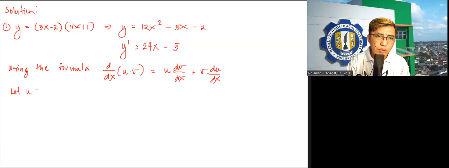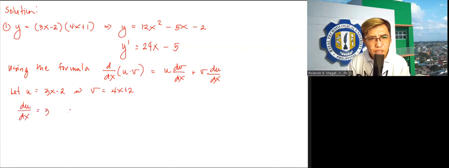Let u be equal to 3x minus 2 and v be equal to 4x plus 2. Okay? So the derivative of u, du over dx, is 3 and the derivative of v over dx is equal to 4. Okay?